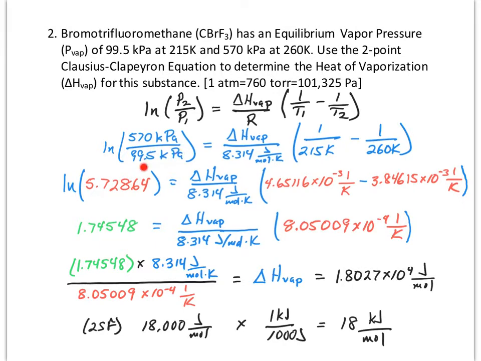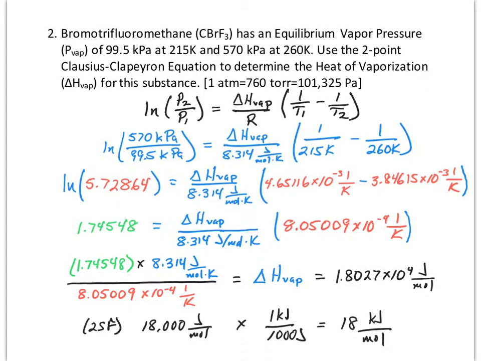So there's pressure 1, there's temperature 1. The heat of vaporization is what we don't know. That's our variable. We know the value of the gas constant R is 8.314 joules per mole Kelvin. Right? And we try to carry units all the way through our equation because it always helps us out. Lets us know if we're doing our math correctly.